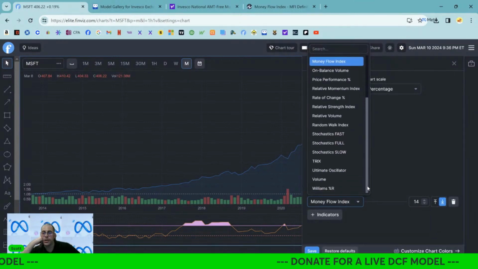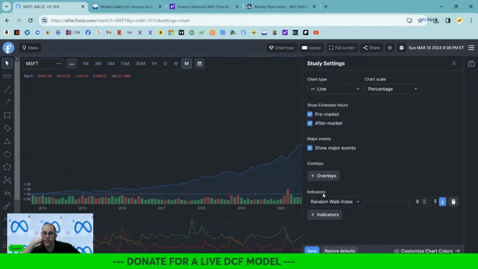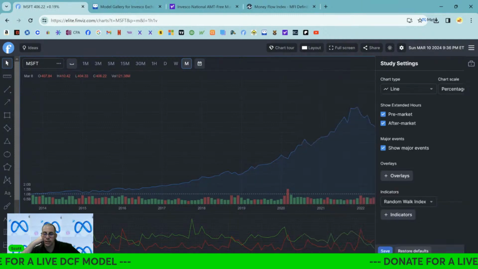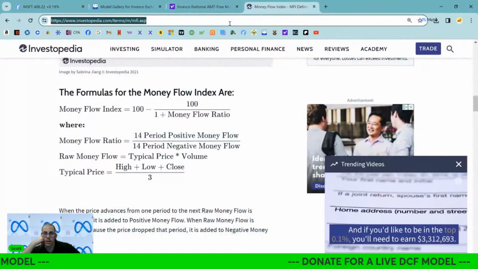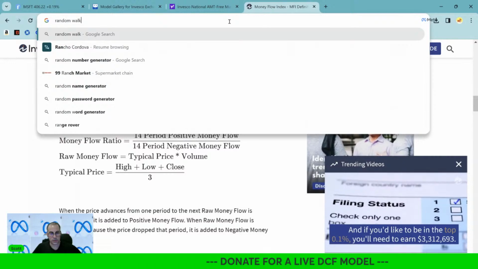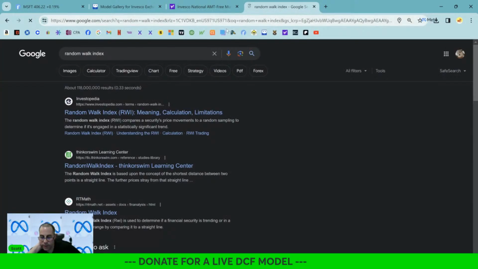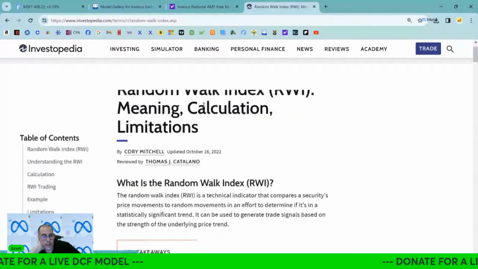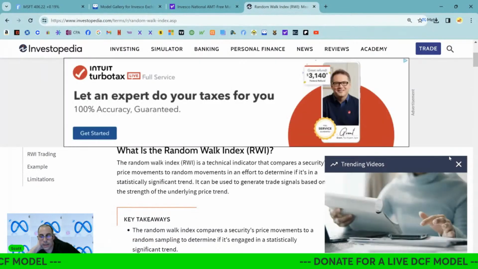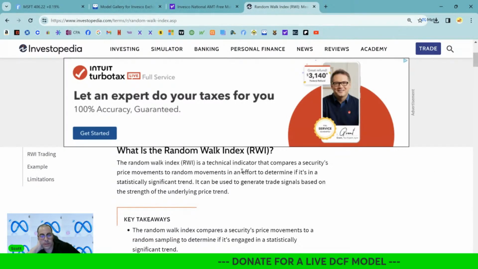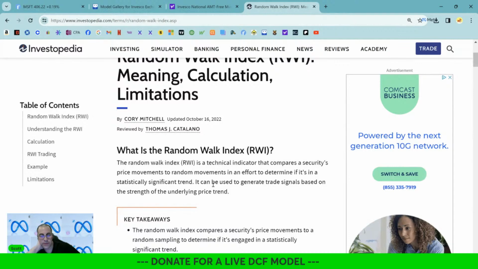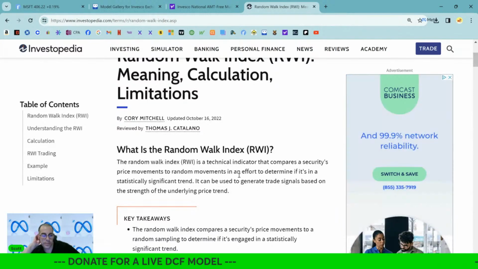Rate of change, relative volume, random walk index. The random walk index compares securities' price movements to random movements in an effort to determine if there's a statistically significant trend.